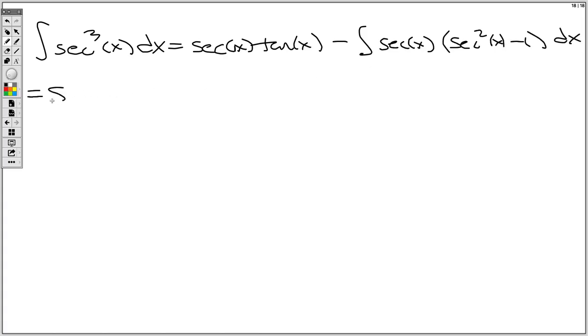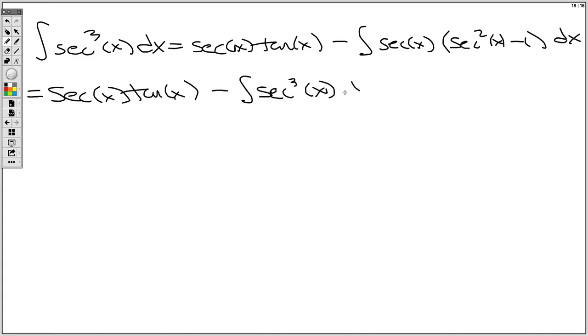And so once again, giving myself some room here. That's secant x times tangent x minus the integral of secant cubed x dx. And now we've got a minus, so that's a plus integral secant x dx.